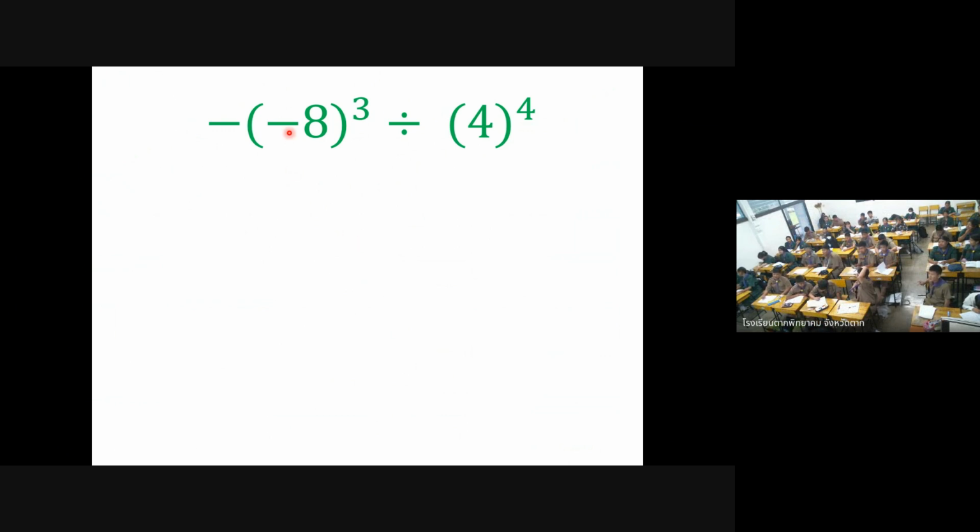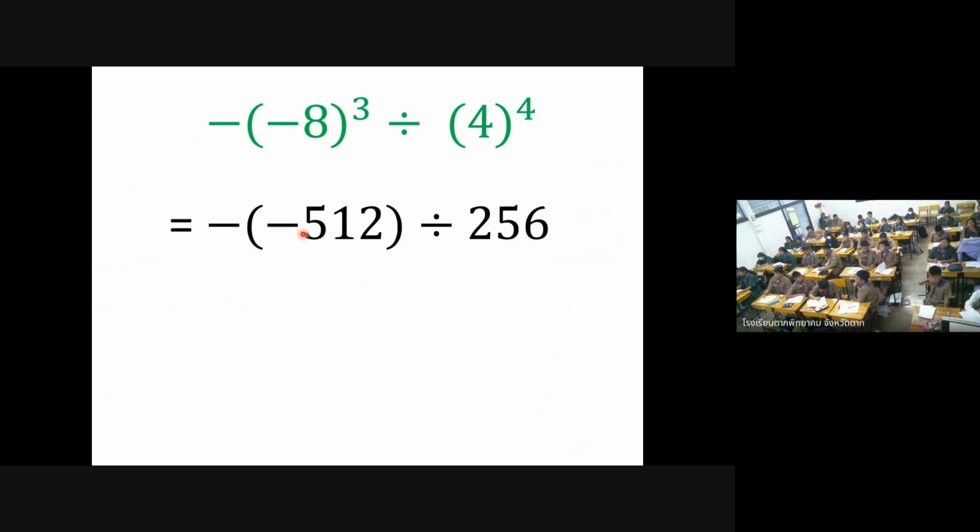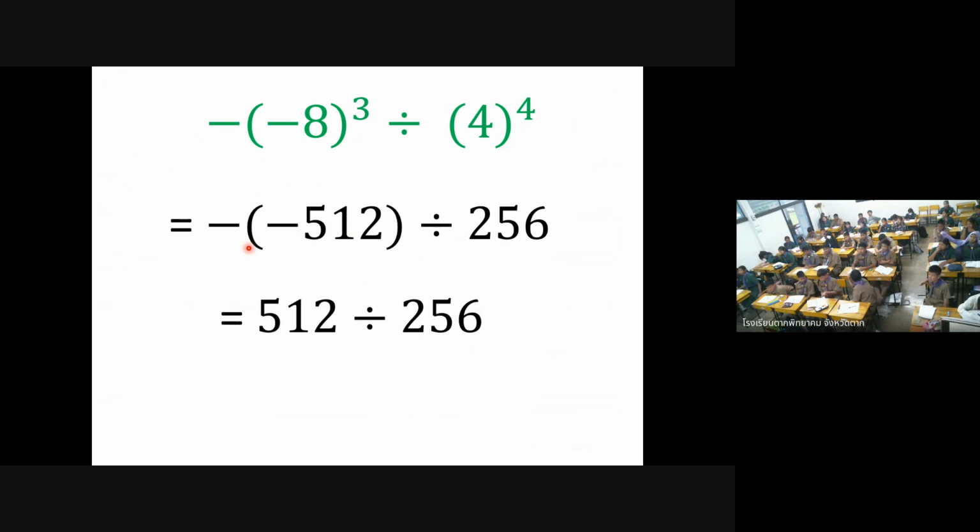Negative 8 to the power of 3 is negative 512. Divided by 4 to the power of 2, which is 256. So that would be 512 divided by 256, which is equal to 2.